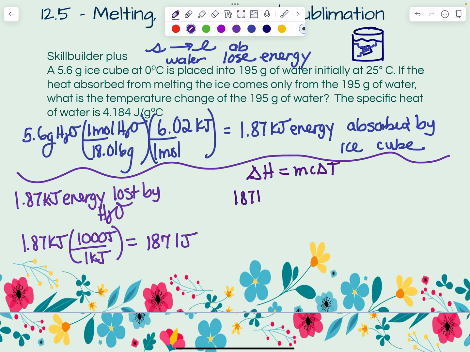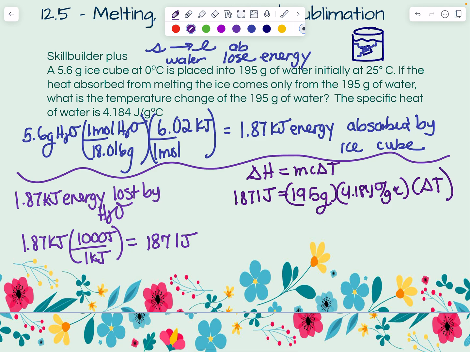I converted it over to joules because I know the specific heat of water is 4.184 joules per gram degree Celsius. Solving for delta T, of course, my joules will cancel and my grams will cancel. The change in the temperature of the water will come out to be 2.24 degrees Celsius.